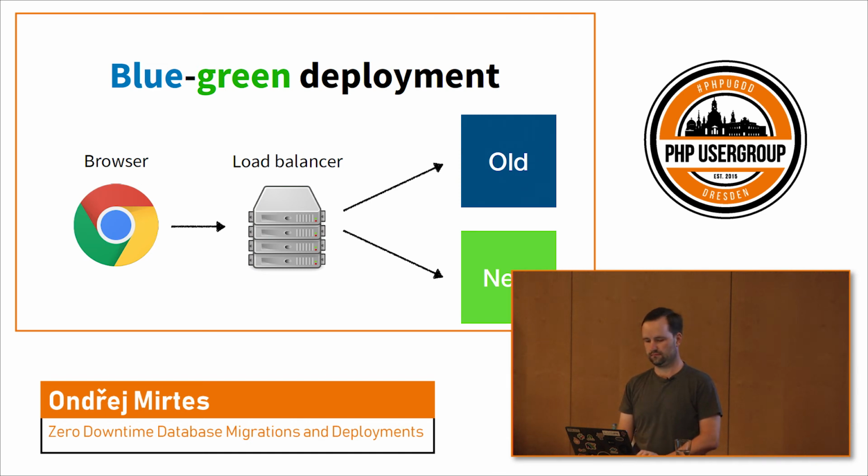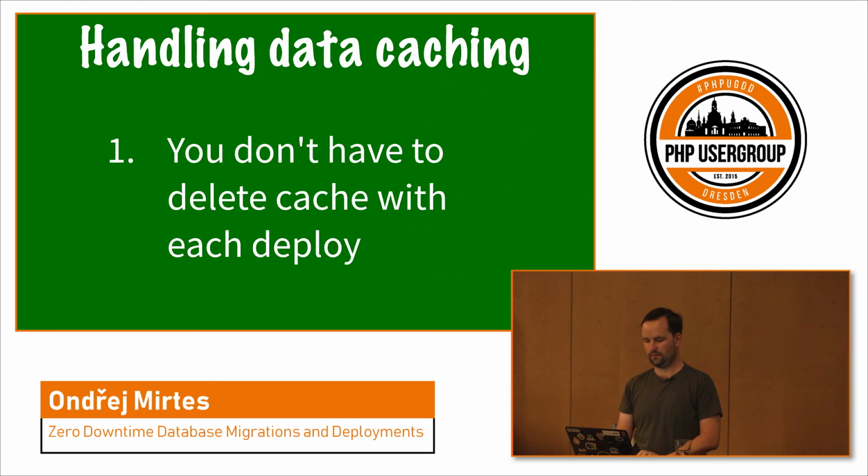I think this is not a good idea because your builds should be automated, and if somebody who is making the deploy forgets about clearing the cache, it will be trouble. But if you always clean the cache, it will be trouble just for the first visitor, not for all. Yeah, but it doesn't mean that it will be trouble only for the first visitor, but maybe for hundreds of visitors before the cache actually gets populated.